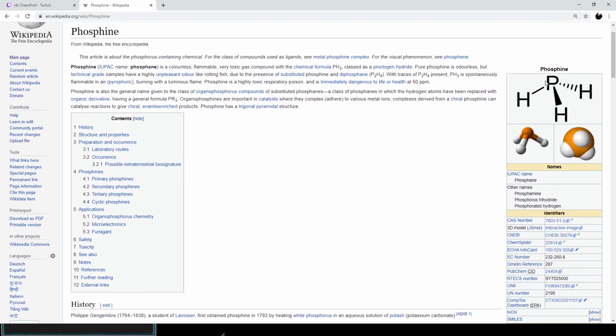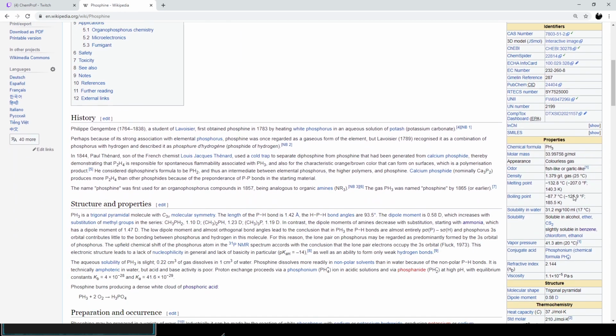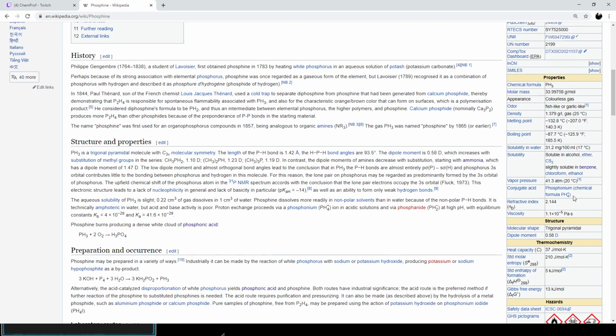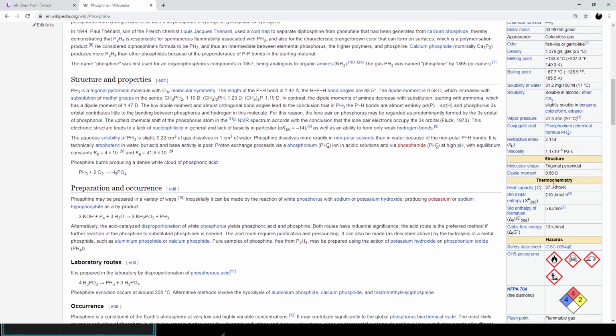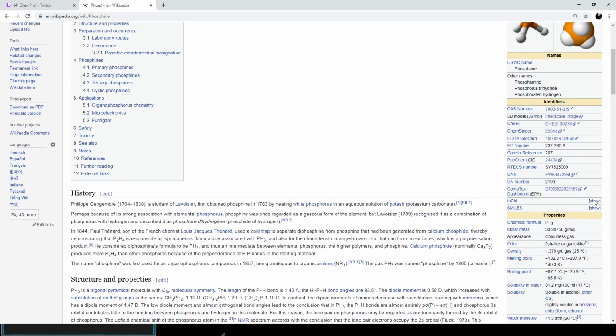Phosphine should have a lone pair on it, and a lone pair is not the same thing as a hydrogen. As a result, the symmetry is going to be the most important part in identifying whether a molecule is polar or not. So again, here we have a dipole moment.